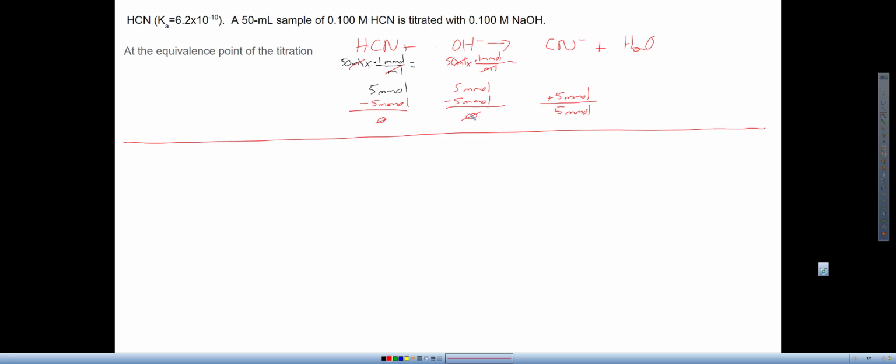And then my second problem, I have to think, okay, cyanide is going to hit on water and take back the hydrogen, leaving behind hydroxide.